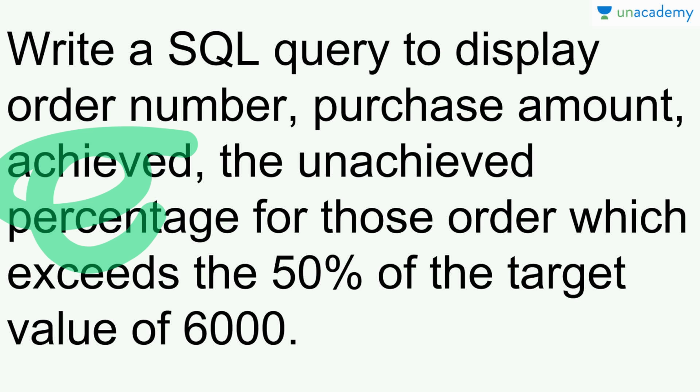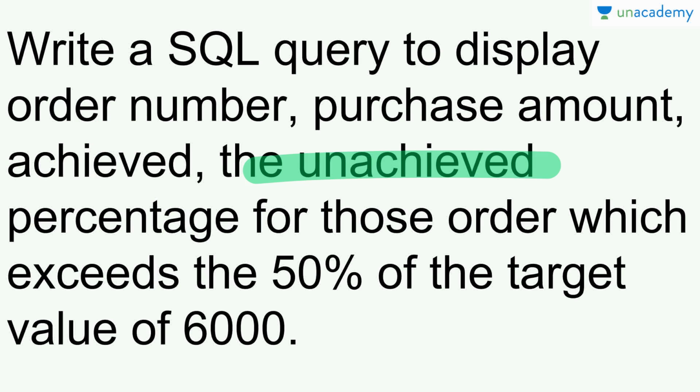So what we have to find in achieved percentage is what percentage the purchased amount is of the total target. And the remaining unachieved percentage: suppose 80 is the achieved percentage, so the remaining 20% is the unachieved percentage. And we have to display only those records whose achieved percentage exceeds 50%.